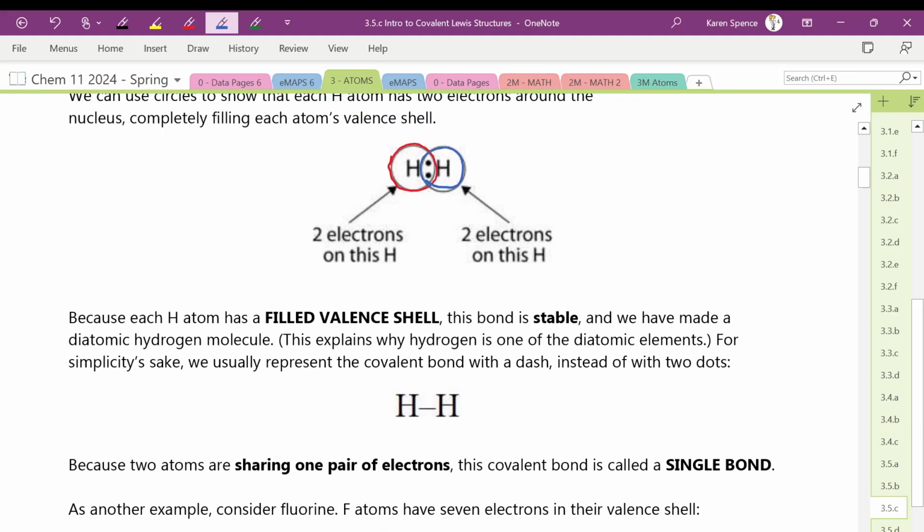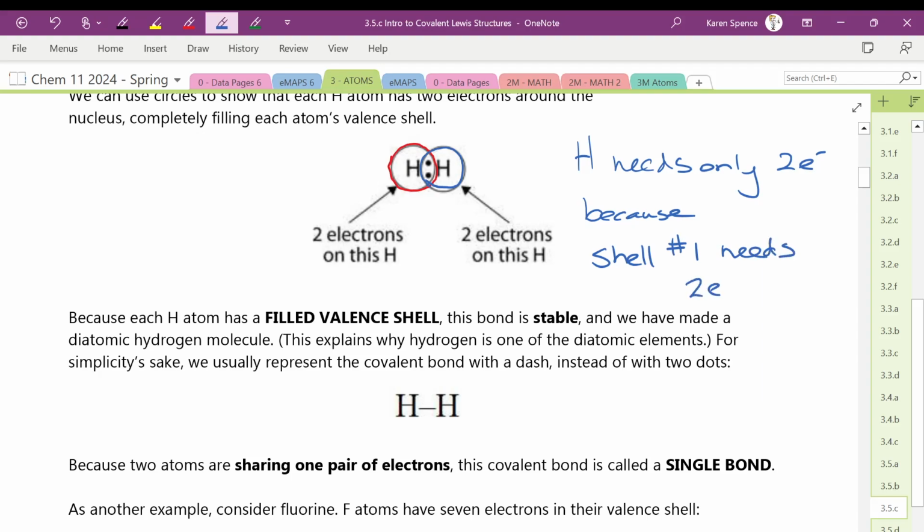So both hydrogens now have a filled valence shell. Why is 2 okay for hydrogen? Why does hydrogen not need 8 electrons? Hydrogen needs only 2 electrons because shell number 1 needs only 2 electrons. Every other shell needs 8, okay?